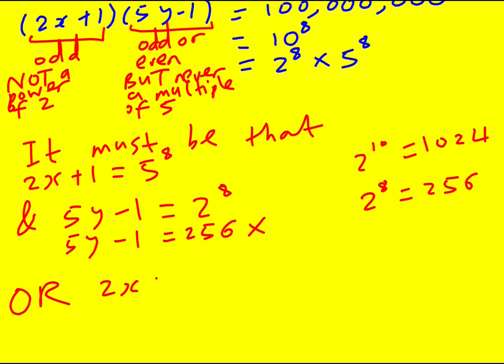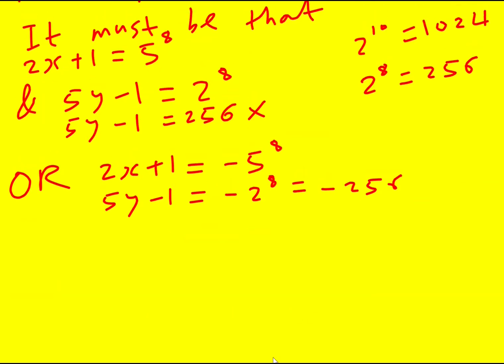Or 2x plus 1 is equal to minus 5 to the 8, and 5y minus 1 is then minus 2 to the 8th, which is minus 256. And now we're in business, because 5y is going to equal minus 255, and then y is going to equal minus 51.